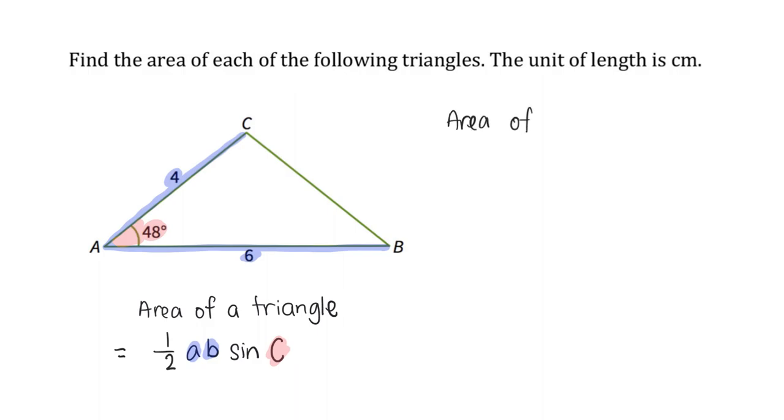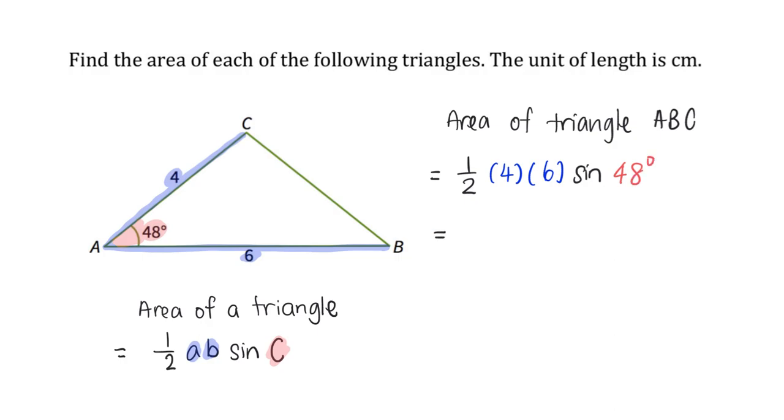So area of this triangle, which is ABC, will be equals to half times 4 times 6 times the sine of 48 degrees.